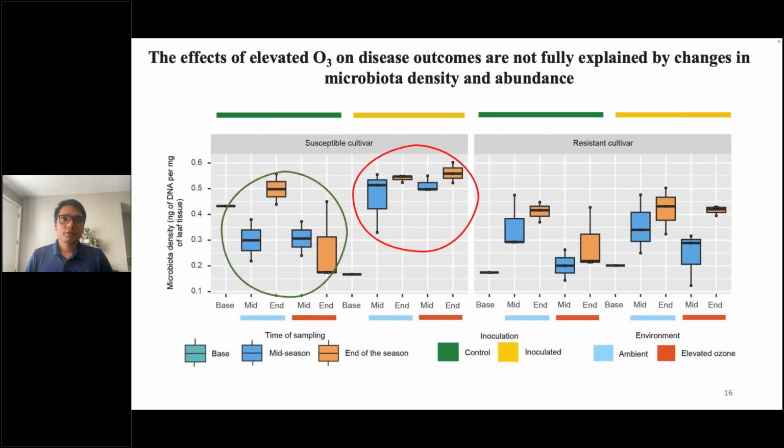So comparing the microbiota density, we saw a significant effect of the inoculation on the susceptible cultivar, but we didn't see a significant effect on the microbiota density on the resistant cultivars, either in the elevated ozone or in the ambient condition.